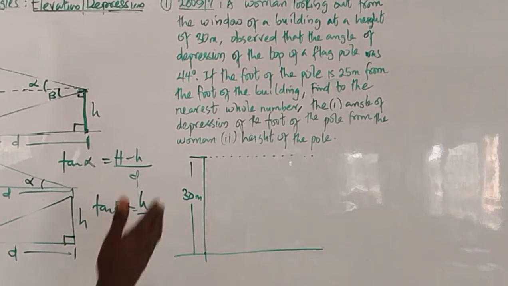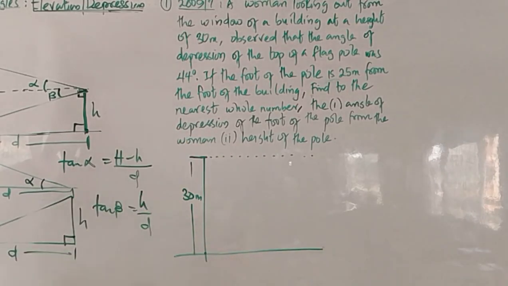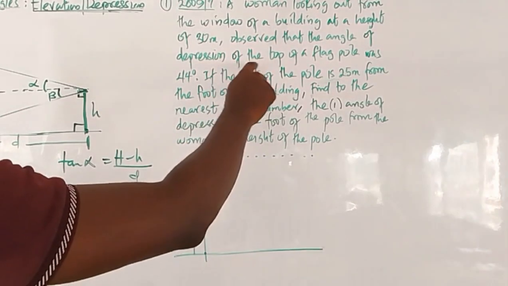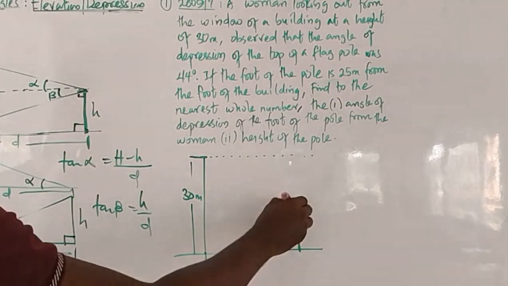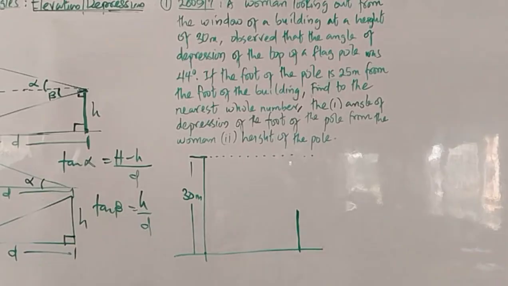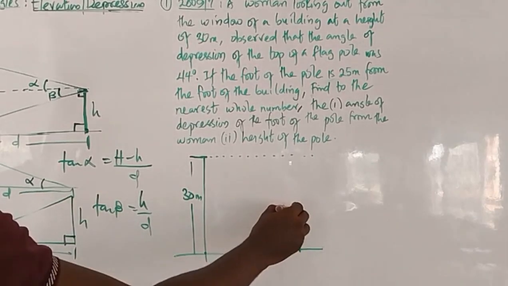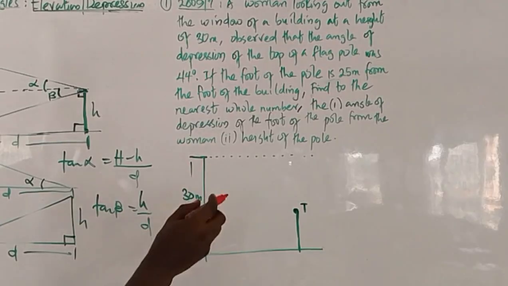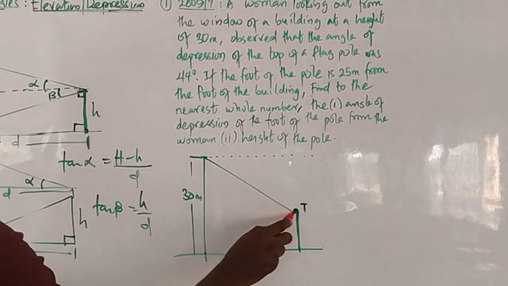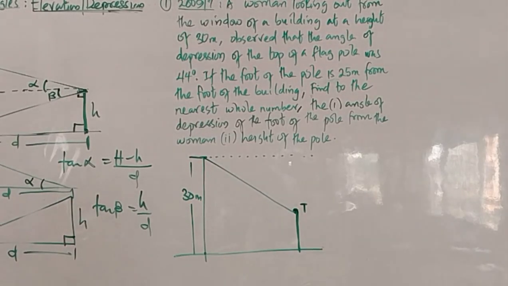Observe that for the angle of depression, she's looking down to here, to the top of the flagpole. So let's say this is a flagpole. This is the top of the flagpole. Let's call it T. She observed the top of the flagpole. So this is the observer, this is the object.